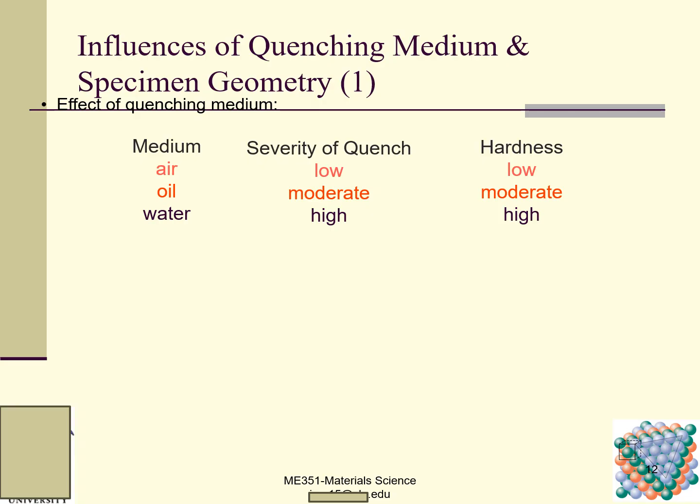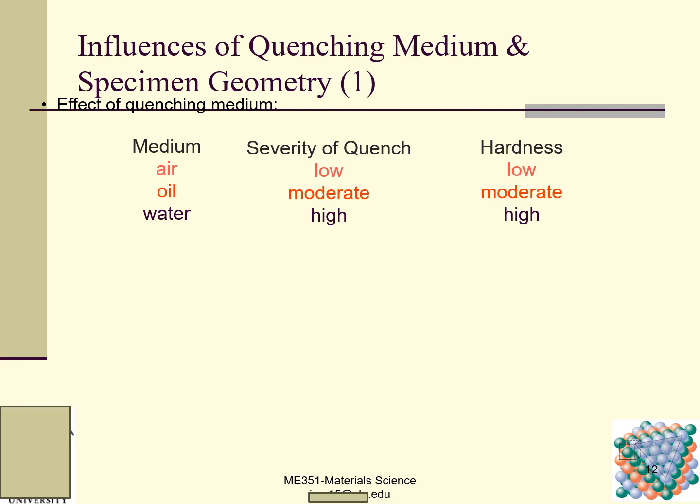As a result, for hardness: if we use air, the hardness is low. Why? Because the cooling rate is low, and we cannot fully get martensite. We can have martensite or pearlite, or even not get any martensite. As a result, hardness is low.